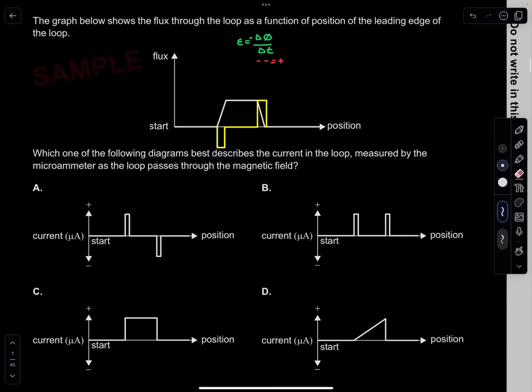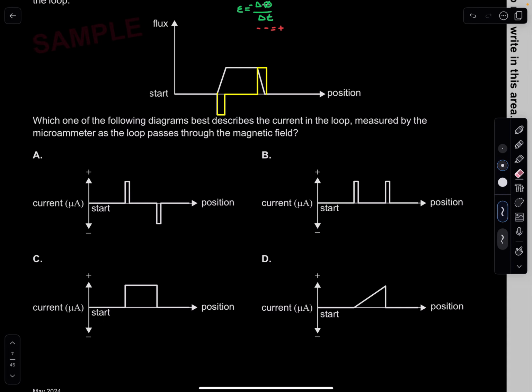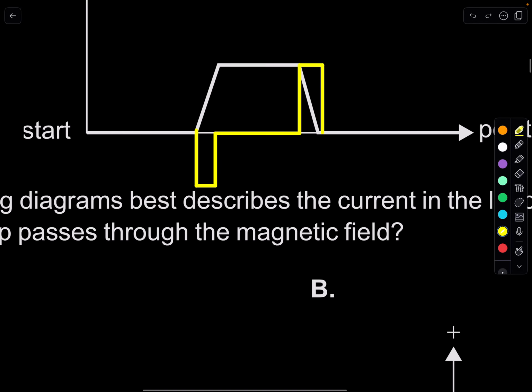Let's have a look at our answers. Which of the following diagrams best represents the current in a loop measured by the micrometer as the loop passes through the magnetic field? A is your answer. Beautiful. B is wrong. You can see that there's no change. One has to be positive and one has to be negative, by the way. Don't get confused. Even though this might look like a wrong answer, they're the same, because you could have a combination of this, or you could have done this.